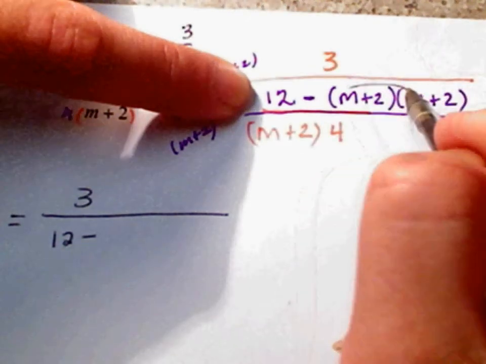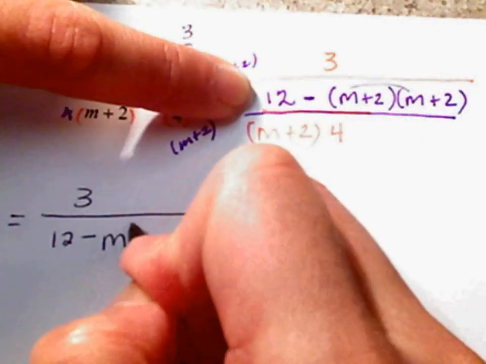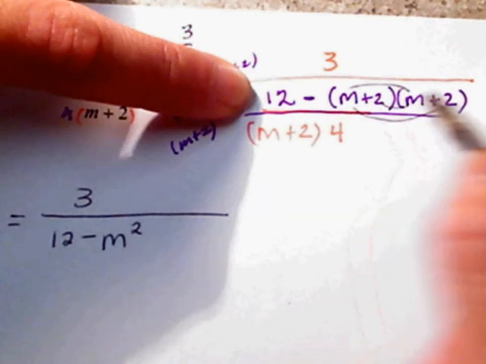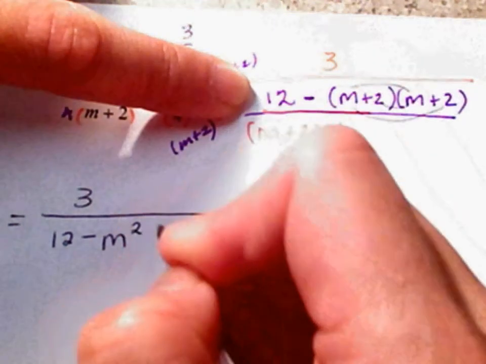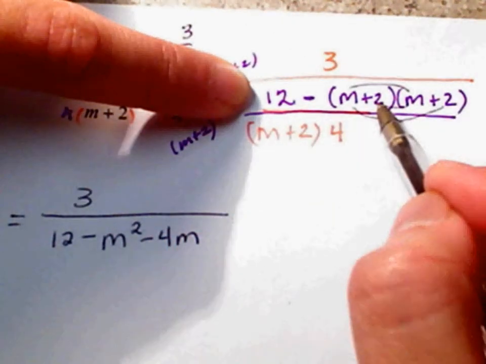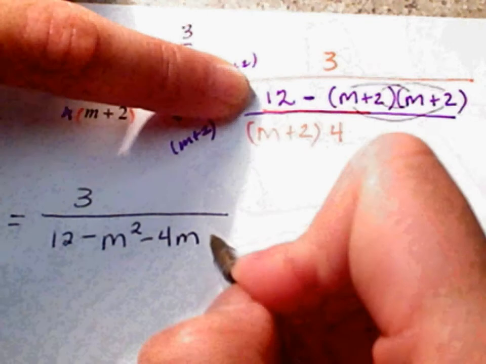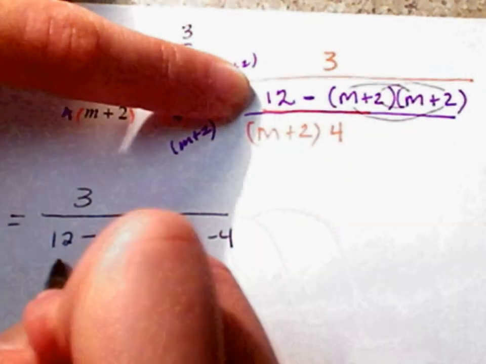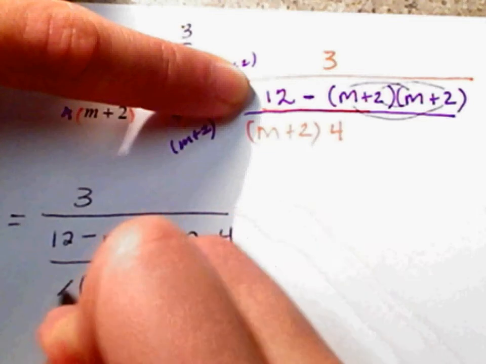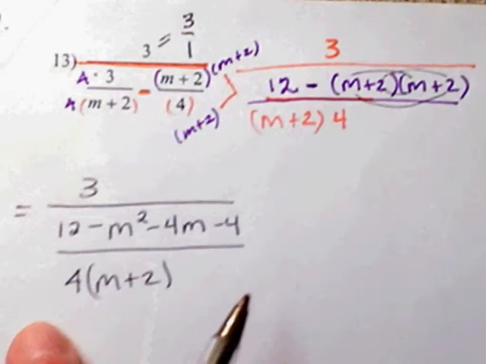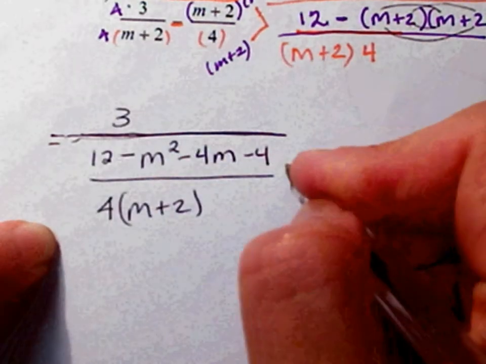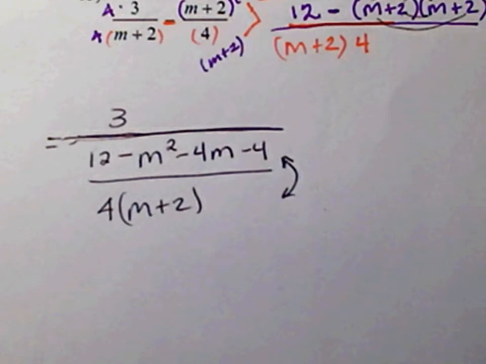M times m is m squared, so negative m squared, okay? 2m plus 2m is plus 4m, so make that a minus 4m. 2 times 2 is positive 4, negative 4. All of it over m plus 2 times 4. Try to write your numbers first. Keep in mind that's your big divisor. Now you can take the reciprocal of those guys. Okay?